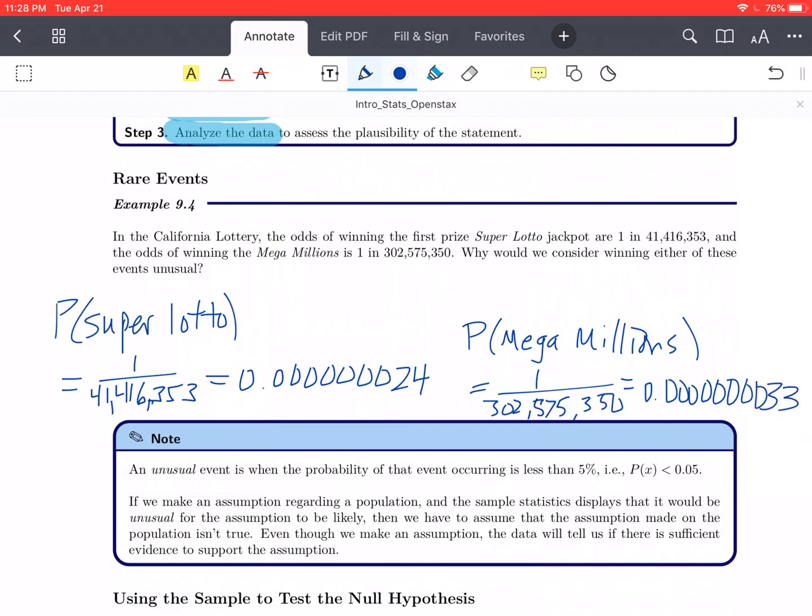So that's point with 8 zeros, 33. So we're talking an even smaller probability of winning. Why would we consider these events to be unusual? Because the probabilities are extremely low.